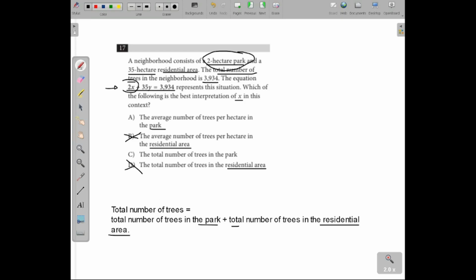Therefore, 2x is the total number of trees in the park, and x cannot be the total number of trees in the park. So option C is not our answer, which leaves us only with A, as x represents the average number of trees per hectare in the park.